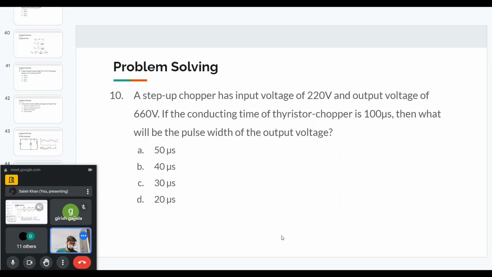Anyone else? Okay, some people are saying C and some are saying A.